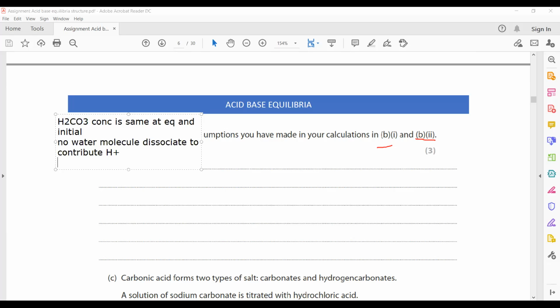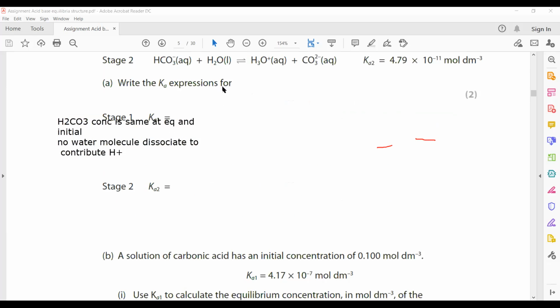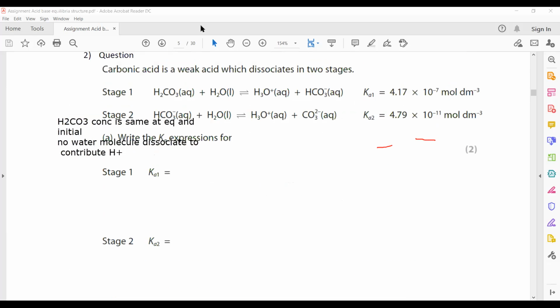But you can see this value is so small, so this one is unlikely to occur. HCO3- can also change, but our assumption is that because Ka1 is higher and Ka2 is smaller, there is negligible dissociation of the HCO3- ion.